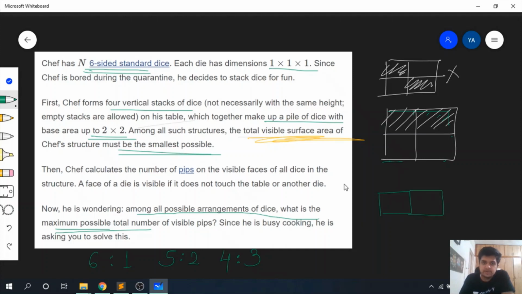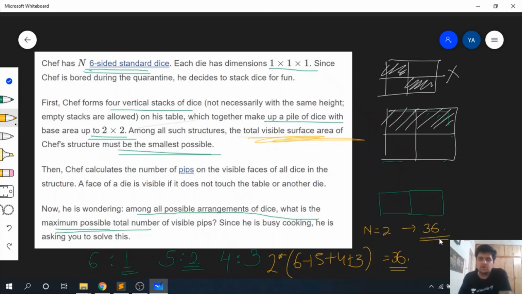So what we will do is, the 2 hidden faces, we can arrange the dice such that the 2 hidden faces are 1 and 2 respectively, right? So basically the sum on all the faces will be 6 plus 5 plus 4 plus 3 into 2, because this will be per dice. So it will be 36. So the answer for n equal to 2 will be 36. Now we also saw the sample case. Now let us proceed to the solution approach.